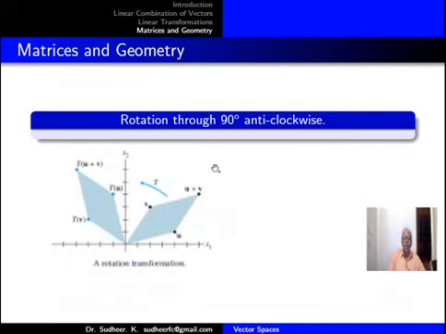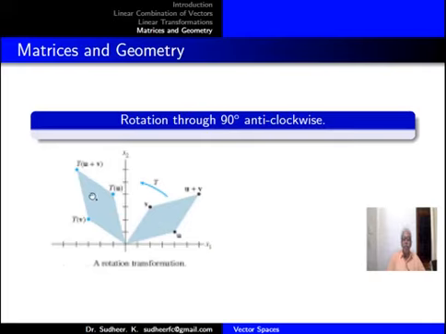Now if you take a rotation through 90 degrees anti-clockwise, okay, imagine I just follow the cursor I am moving on the screen. This is a small triangle you can see below the shaded region. If you move this triangle 90 degrees anti-clockwise, you will get this triangle.